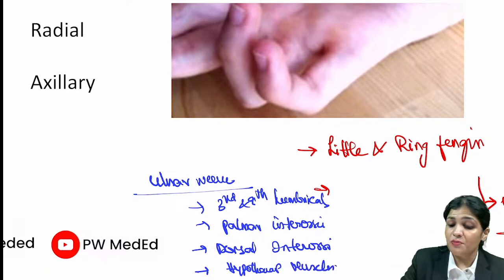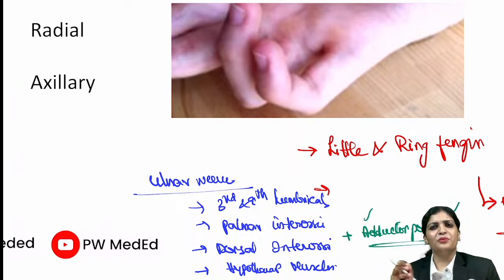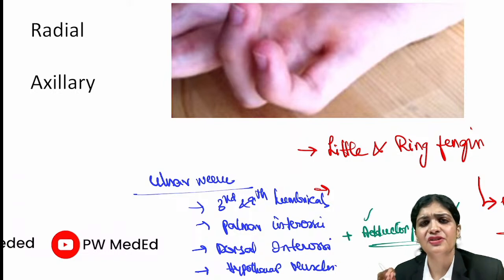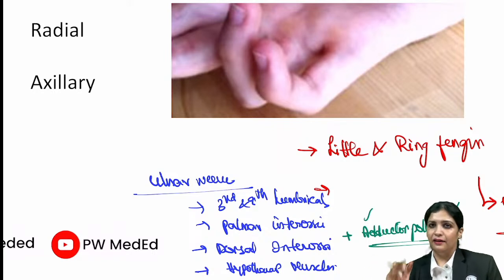And the most important thing you have to remember is your adductor pollicis. Adductor pollicis is what? It is a thenar group of muscles. Whenever there is a word called pollicis, that means your thumb, right? So pollicis is thumb, and adductor pollicis is supplied by the ulnar nerve, right?